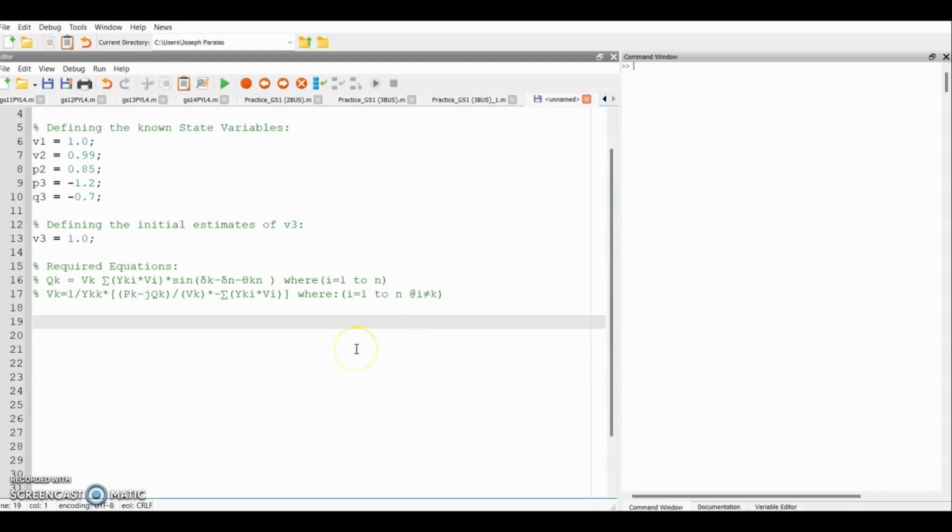As I said earlier, when the bus is a generator bus, we need to solve for reactive power Q and voltage V. So in our problem, bus 2 is a generator bus.